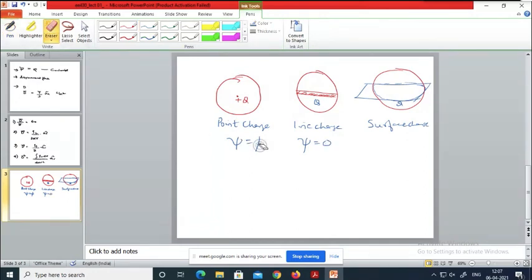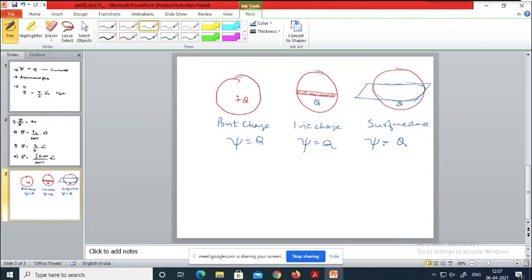So therefore the flux leaving the surface of the sphere is equal to again q. This is q, and this is also q. And for the surface charge, again in this case the flux lines leaving the surface of the sphere will be equal to again q.